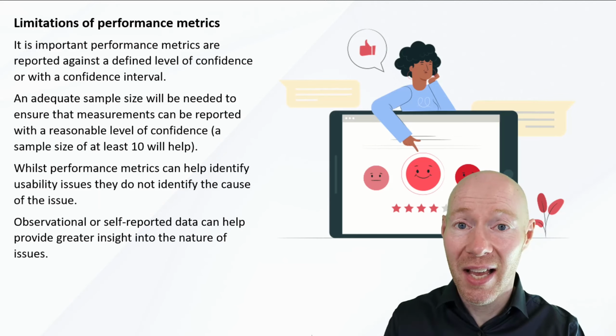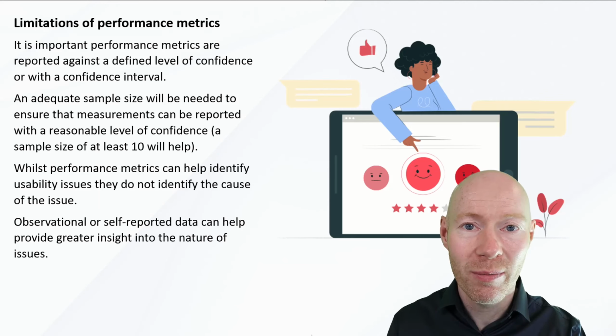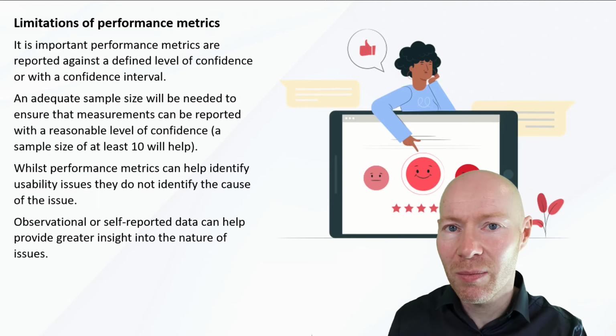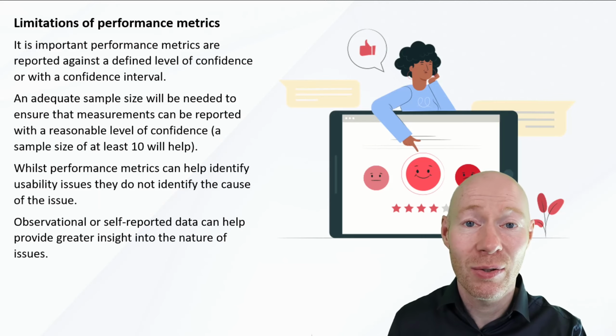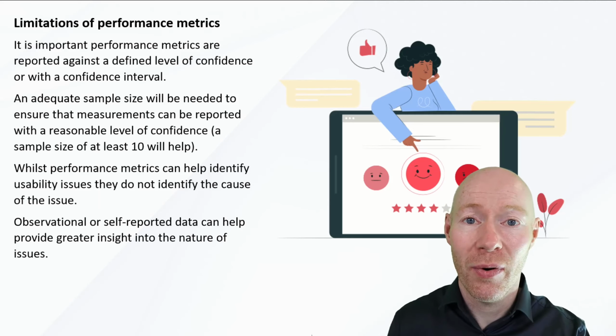In the section after looking at performance metrics, when we go on to look at self-reported metrics, we'll look at how we can collect more qualitative information from the user, and sometimes that helps provide a useful insight into the reasons why we may have observed a limitation in terms of our performance.